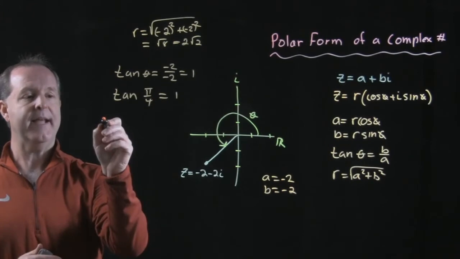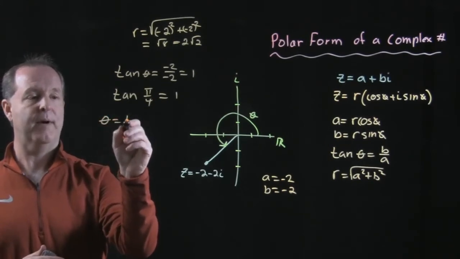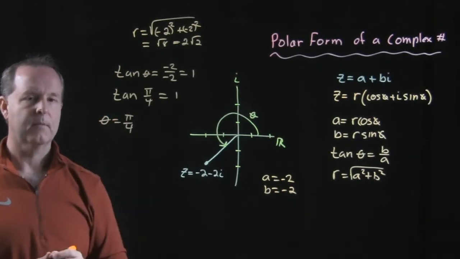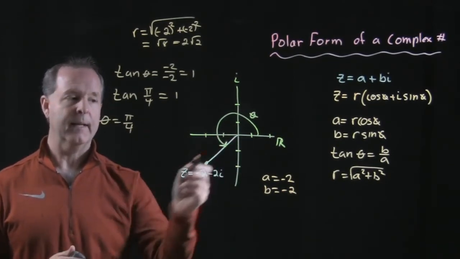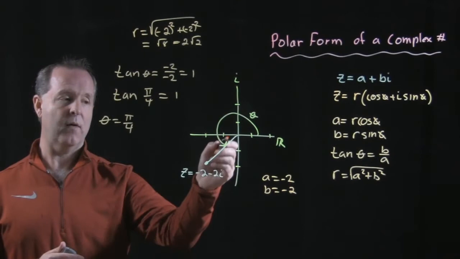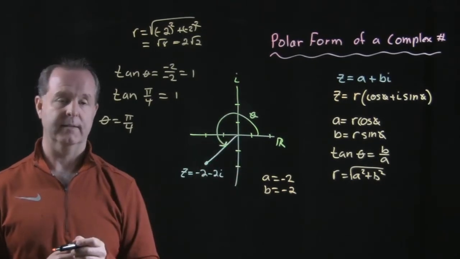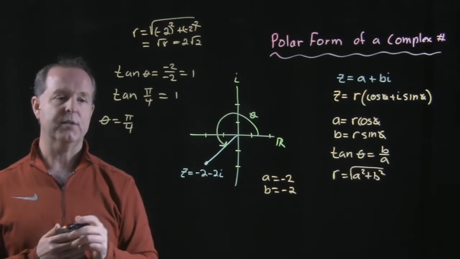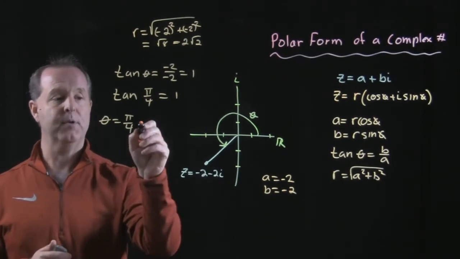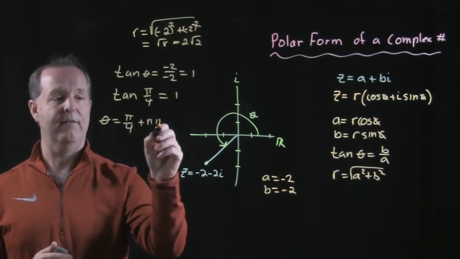So we know now that theta equals pi fourths. But pi fourths is an angle that's in the first quadrant, and this angle is in the third quadrant. So how do I get the angle that's in the third quadrant? Well, with tangents, we know that we add n pi to that. So that's every n pi.